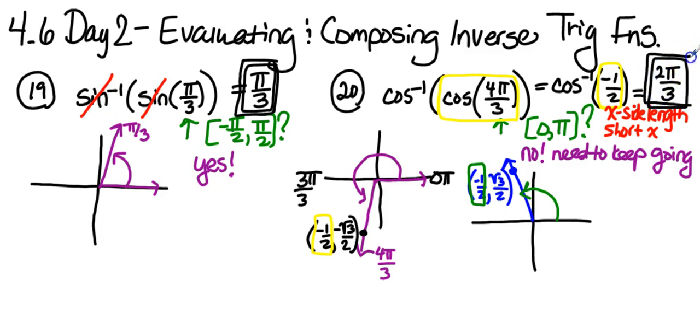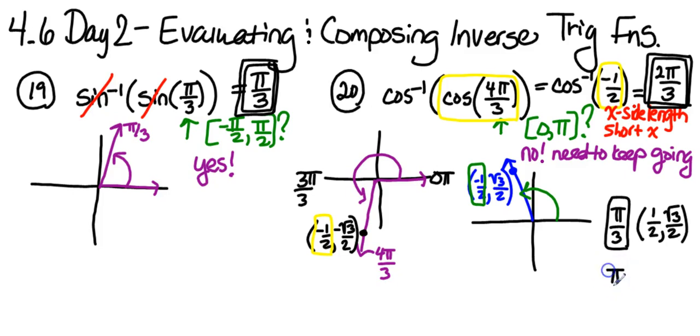And this is a situation where double boxing your final answer really does help this answer stand out amidst all of this work. If you're not sure how I knew that was 2 pi over 3, recall from our first unit circle knowledge that any ordered pair that has 1/2, root 3 over 2 as the ordered pair on the unit circle is always associated with pi over 3 counts, or 60 degrees.